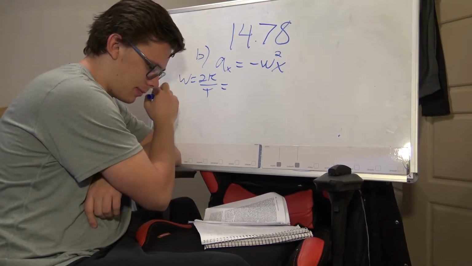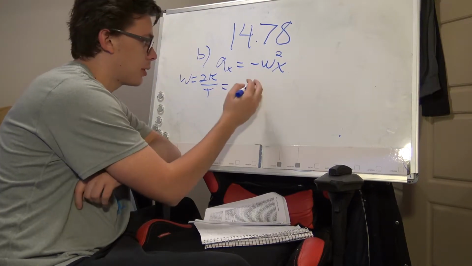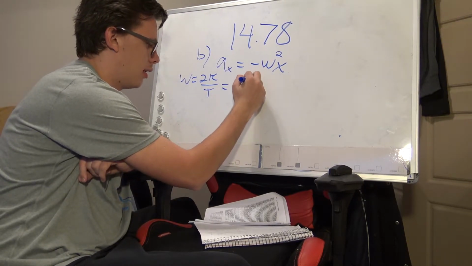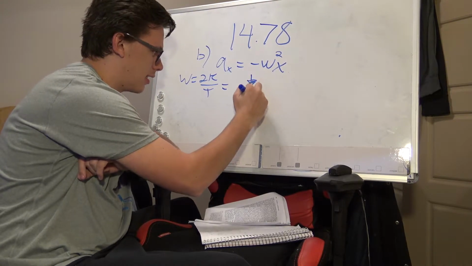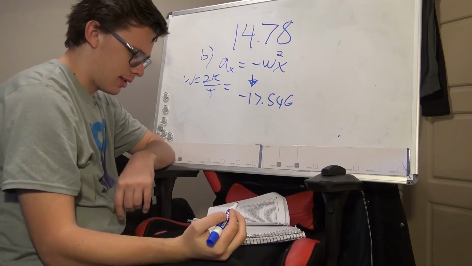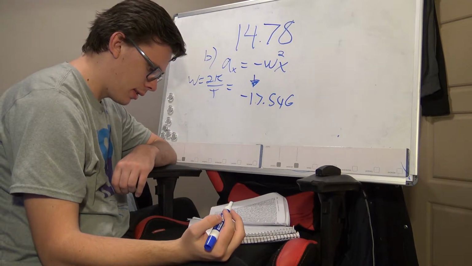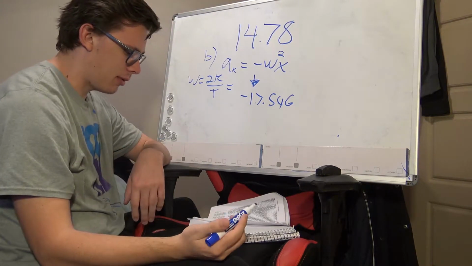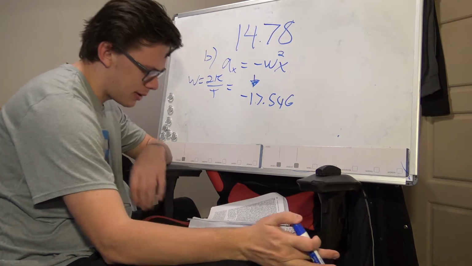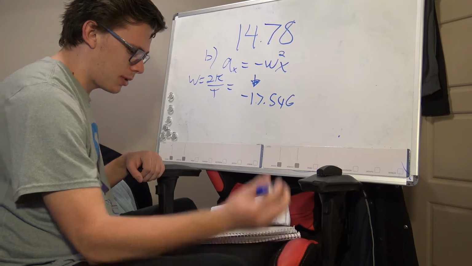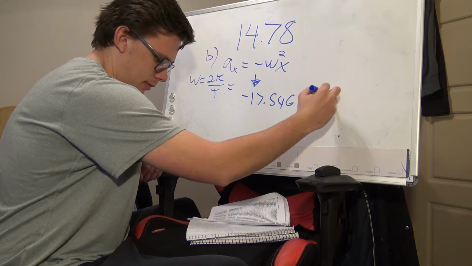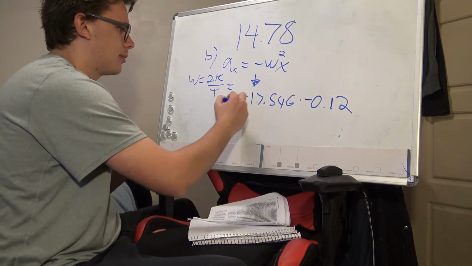So our w squared, which is what we want, is negative 17.546, and then our x that we found, because this is still at 0.5 seconds, so we just use the answer that we got in part A, which was negative 0.12.